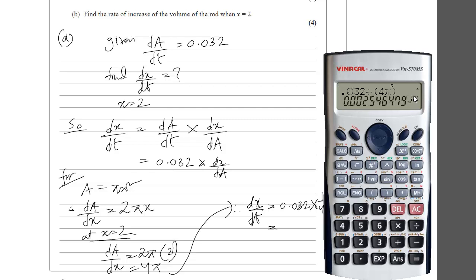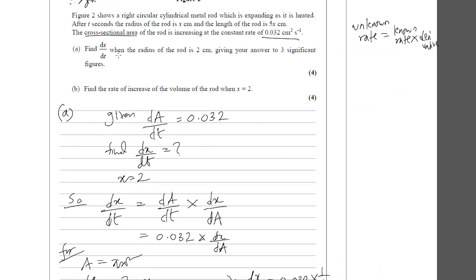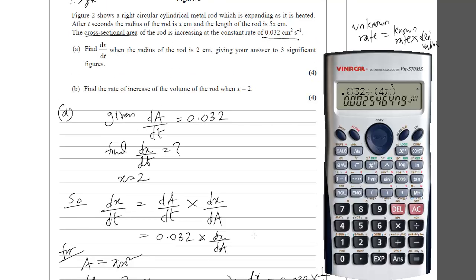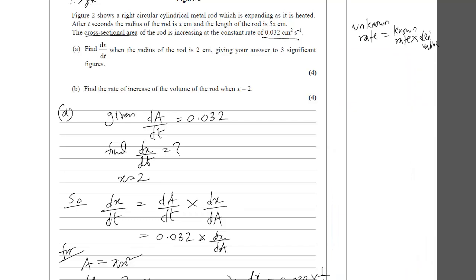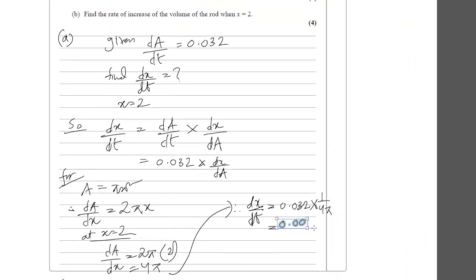So the answer would be 0.00255. What is the required accuracy? It is 3 significant figures, so we can write 0.00255.